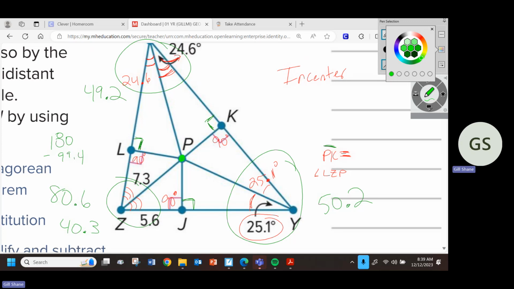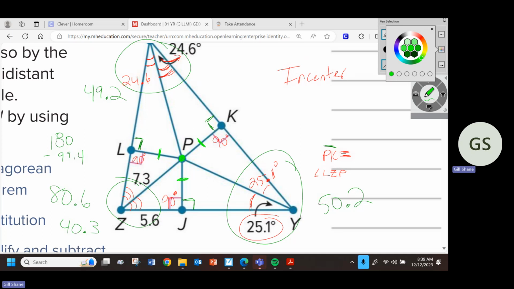That's why we have the right angle symbols, because that's not drawing in a perpendicular bisector. It's representing the distance to each side is the same. So every one of those lines is the same. Well, if only we knew one of those lines, we could figure out what PK is, right? Because it's the same as all of those. But they didn't give us one, so what can we do?